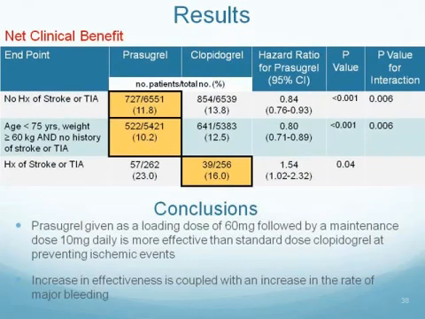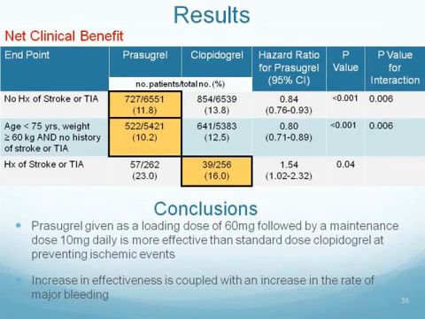So when you take the better efficacy but more bleeding, there were a number of patient groups that they looked at and were able to come up with what's called a net clinical benefit. The patients who did not have a history of stroke or TIA seemed to benefit from receiving prasugrel, even though there was higher bleeding. There was still overall a net clinical benefit in that group.